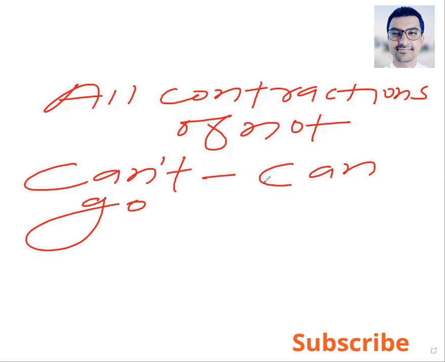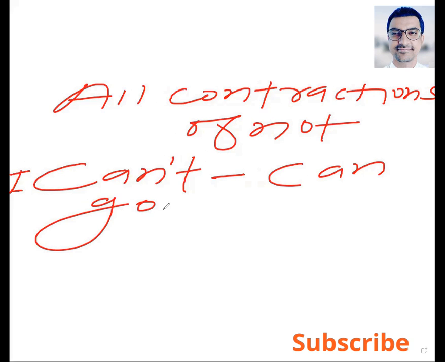Okay, now this is a sentence: I can't go, or I can't go. Now here, this will become what? Can. No, not can. It will become what? Can.